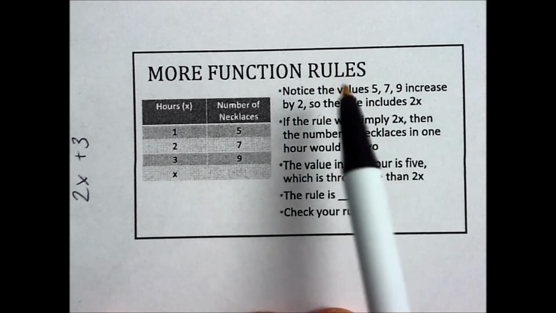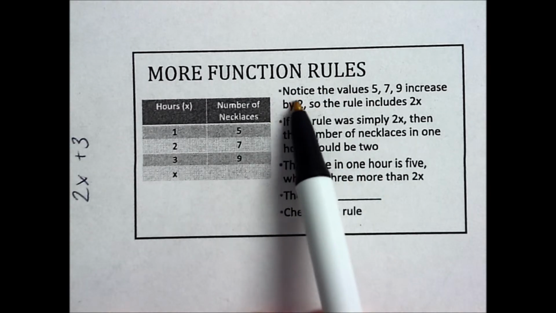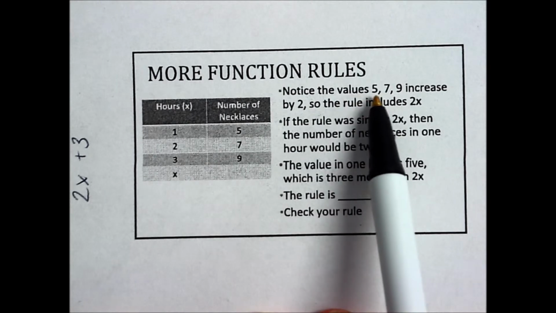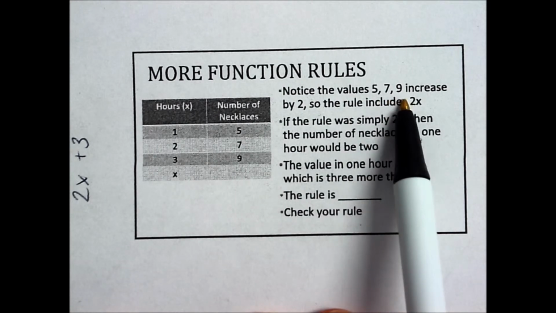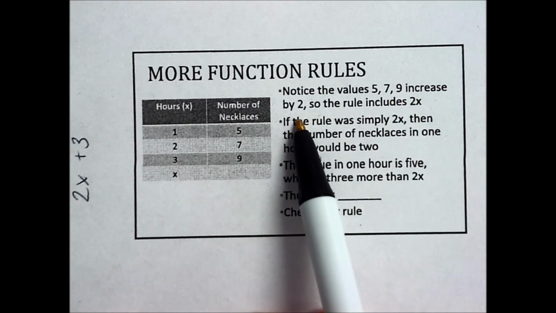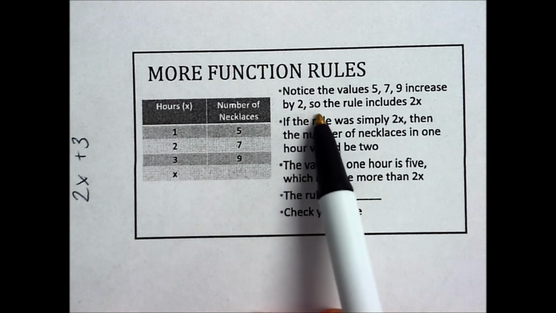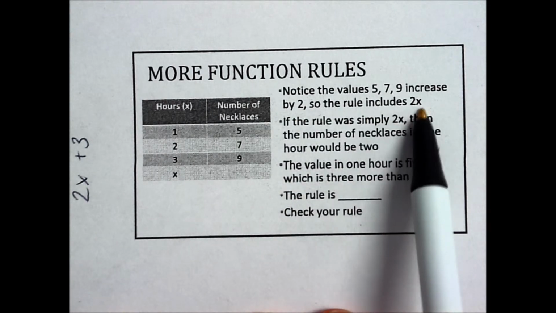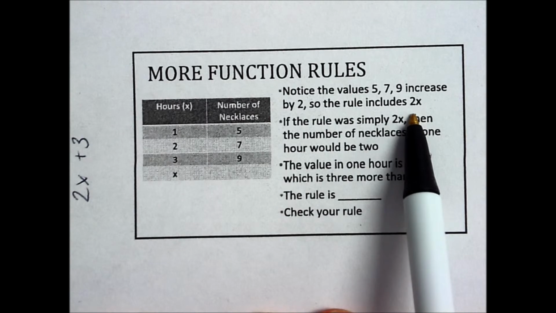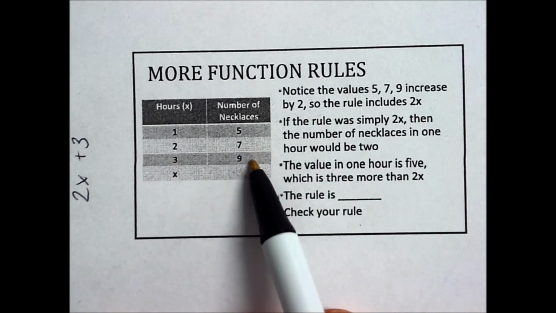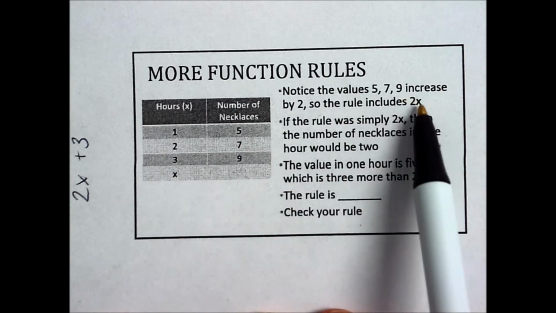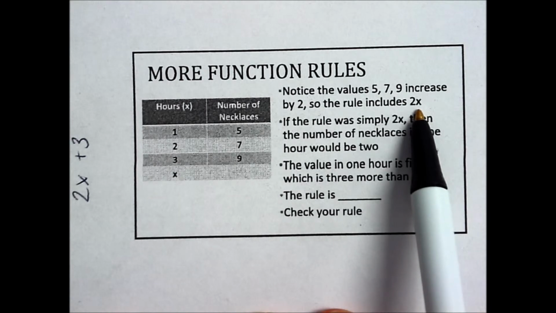So let's take a look at what our bullets say. Notice the values 5, 7, and 9 increase by 2. So that means the rule will have to include a 2 times x. Alright, so I see that nice neat pattern. Increase by 2 tells me that I'm going to have a 2 times x as part of my rule.